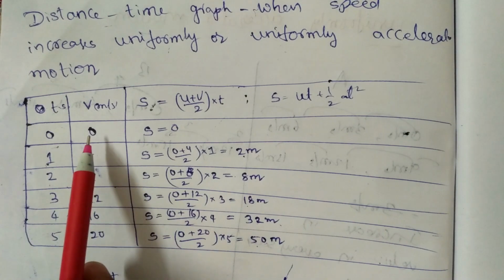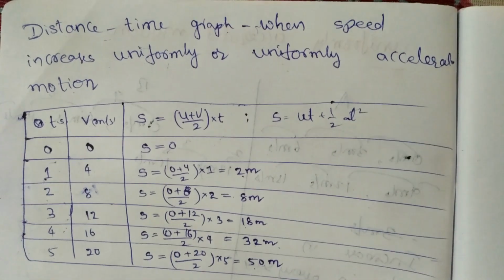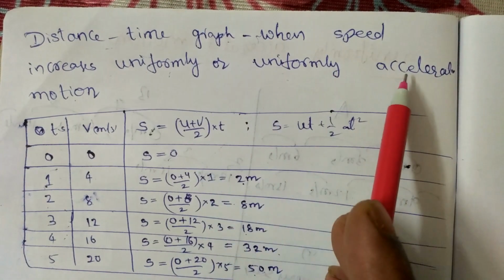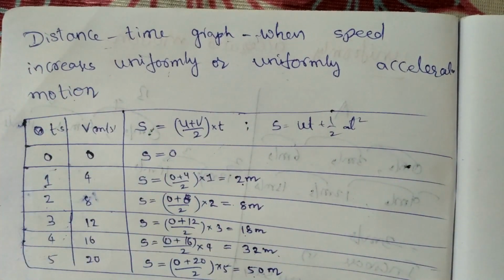So here acceleration is constant. In physical science, constant acceleration is termed uniformly accelerated motion.